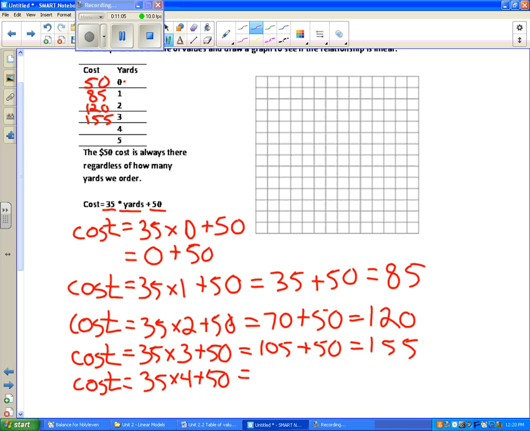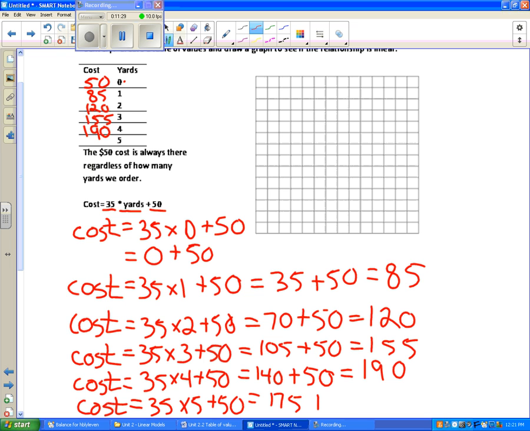There's the bell. You're still in class though because you're at home watching this. We get 190. And then the last one, I've got cost equals 35 times 5 plus 50. And I'm going to have 175 plus 50, which is going to equal $225. I fill in that last value, 225.